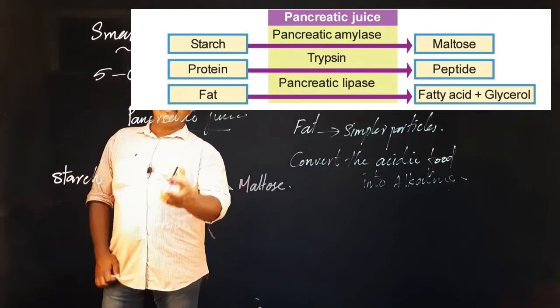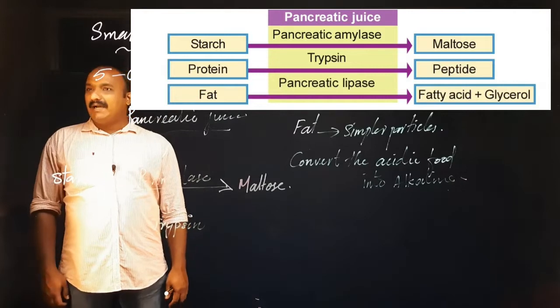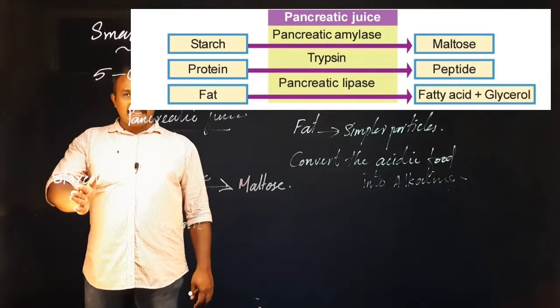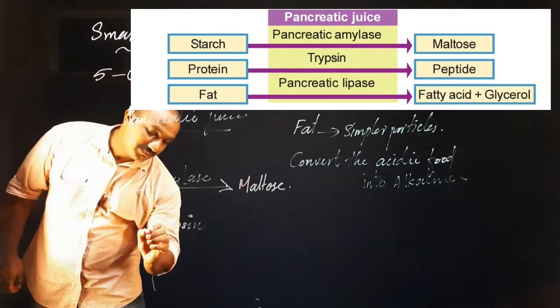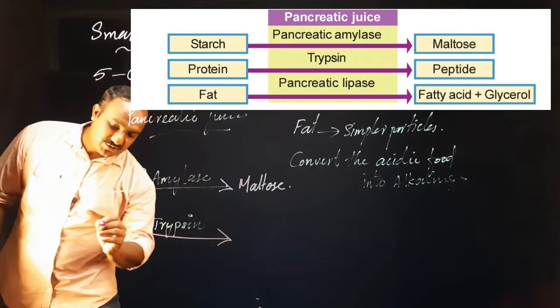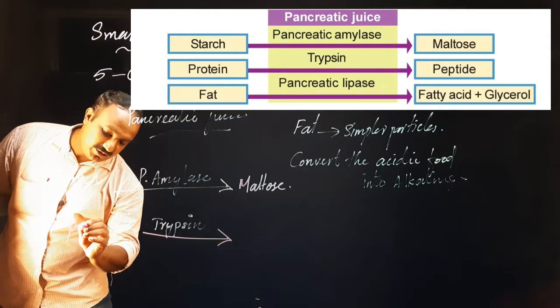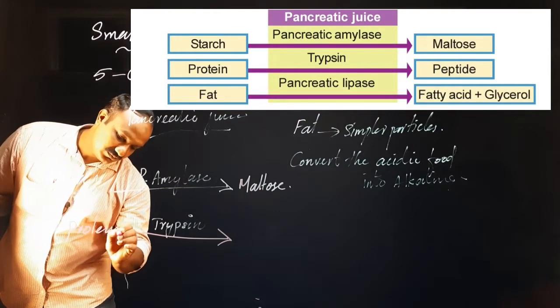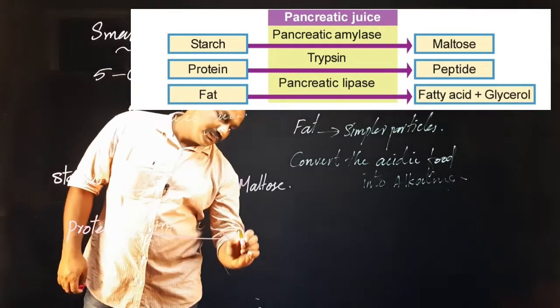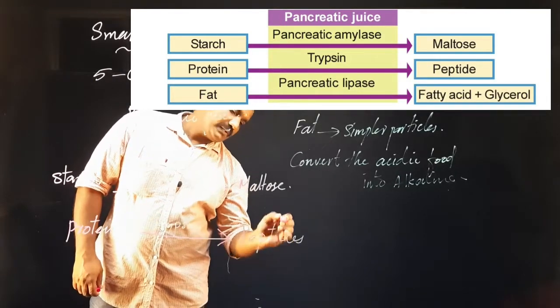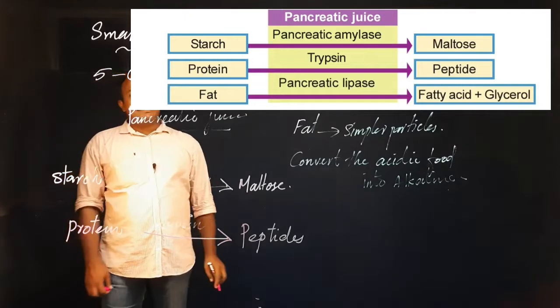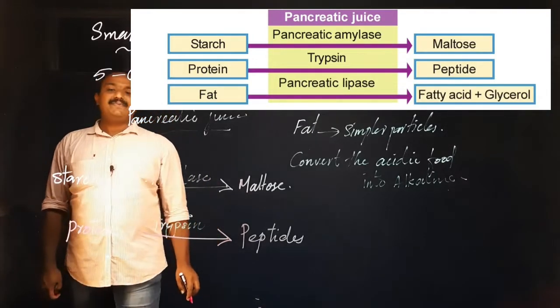That is the function of pancreatic amylase: it converts starch into maltose. Then trypsin. This trypsin converts the protein into peptides.